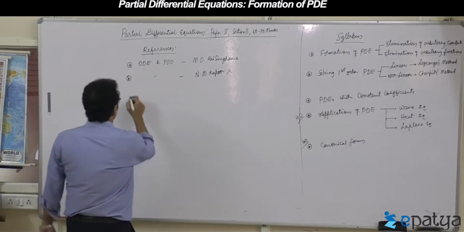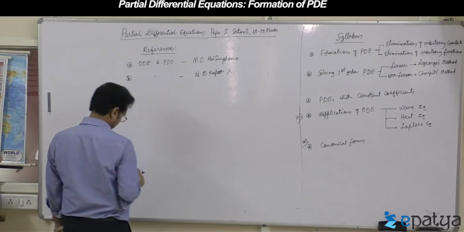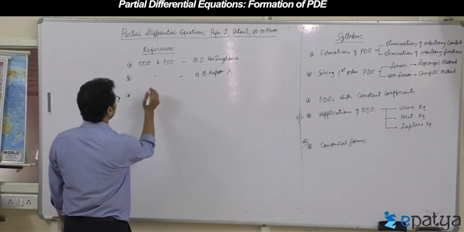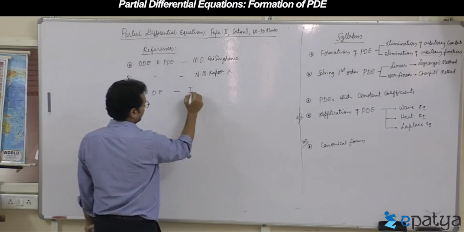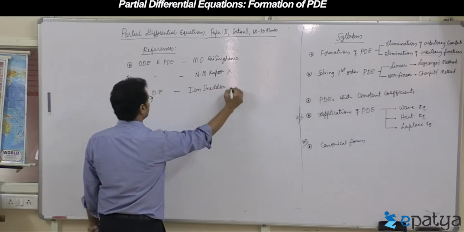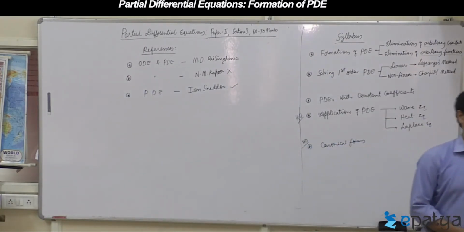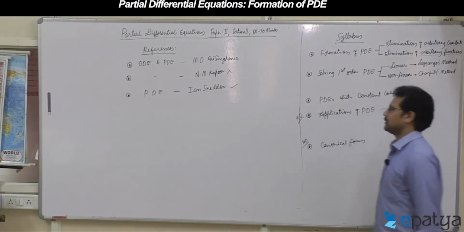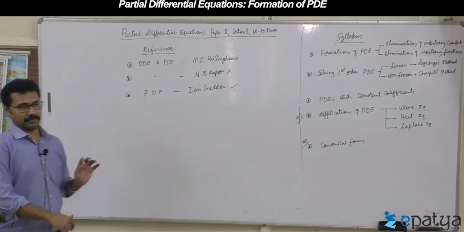Now, there are some more books which I referred, foreign author books. One is Partial Differential Equations by Ian Snedden. Superb book. Ultimate book when it comes to concepts, extraordinarily explained.